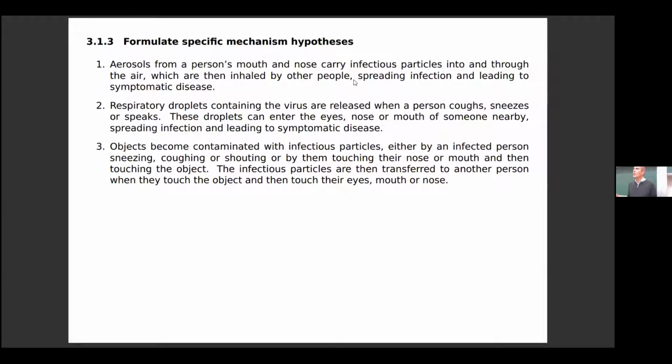The mechanism hypotheses, I've already mentioned 3 main mechanisms here: aerosols, respiratory droplets, and contamination through touch, contaminating objects, passing on the virus by means of objects. So 3 key mechanism hypotheses here.